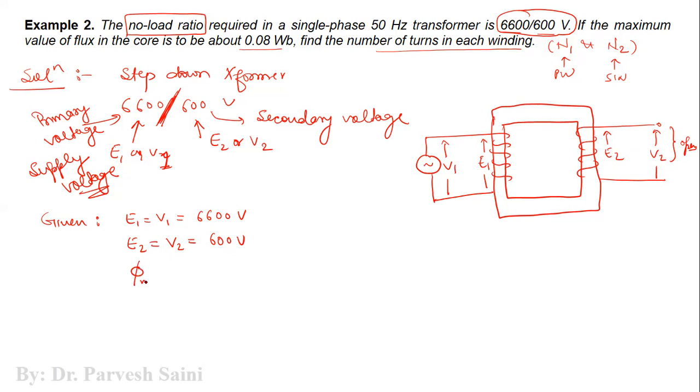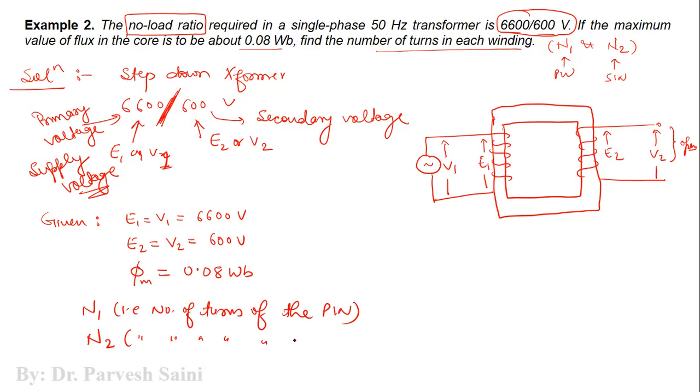The value of maximum flux is also given, which is 0.08 Weber. Now we have to find out the value of N1, that is the number of turns of the primary winding, and then the value of N2, which is the number of turns of the secondary winding. So we can use the transformer EMF equation here.